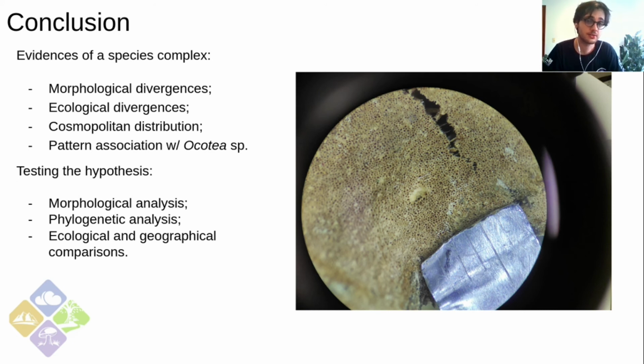And there's also the pattern of association with Ocotea in high-altitude environments. So these specimens could represent a new species lying inside Rigidoporus ulmarius, and that is limited to these high-altitude environments.